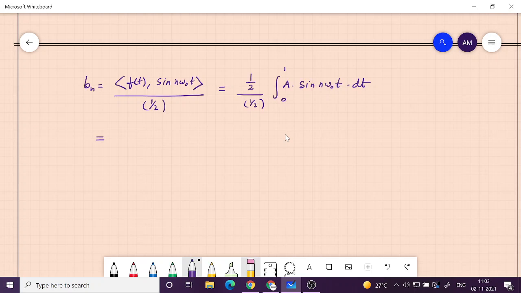So half and half cancel: A into integral 0 to 1 sin n pi t dt, since omega naught is pi.